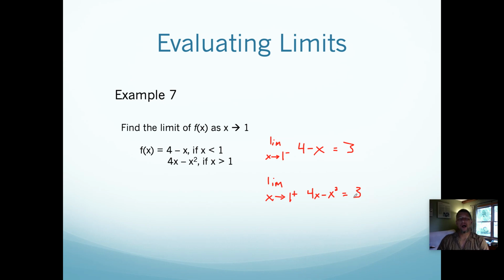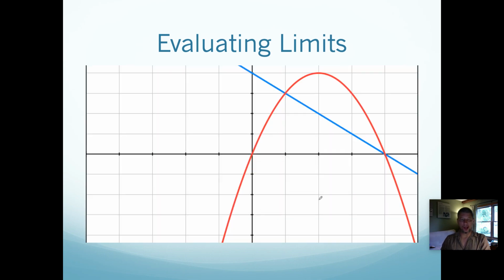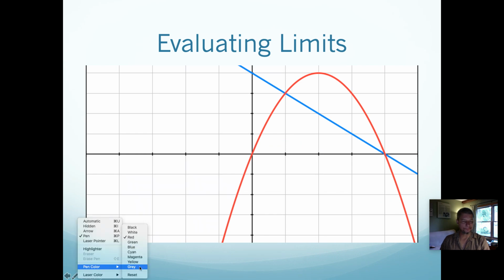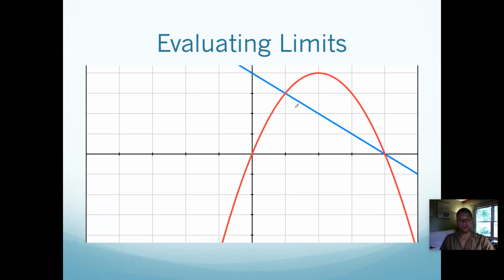Now, we can demonstrate this graphically as well, although I warn you that the graph is a little odd looking. Let me change color here, and I'll change it to black. Here is the value of x equals 1. So this is really the line that we're looking at. This is the point, and notice this is y equals 3.